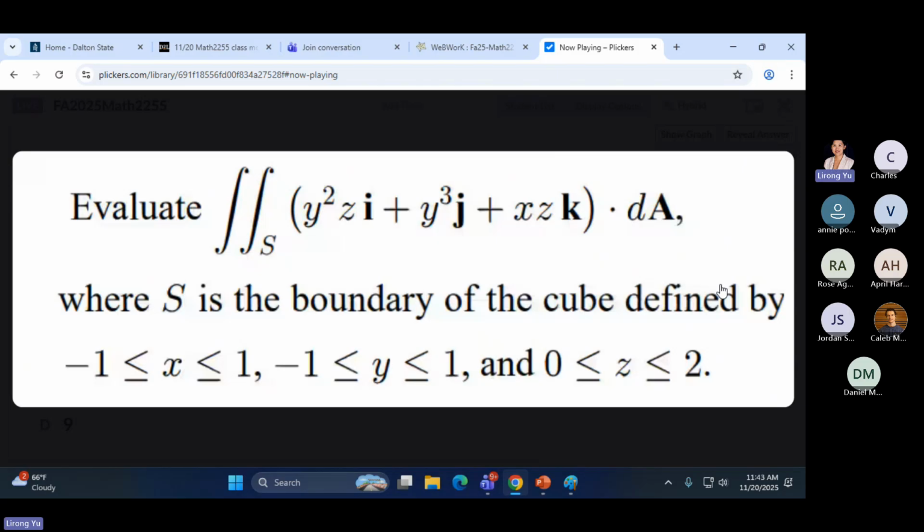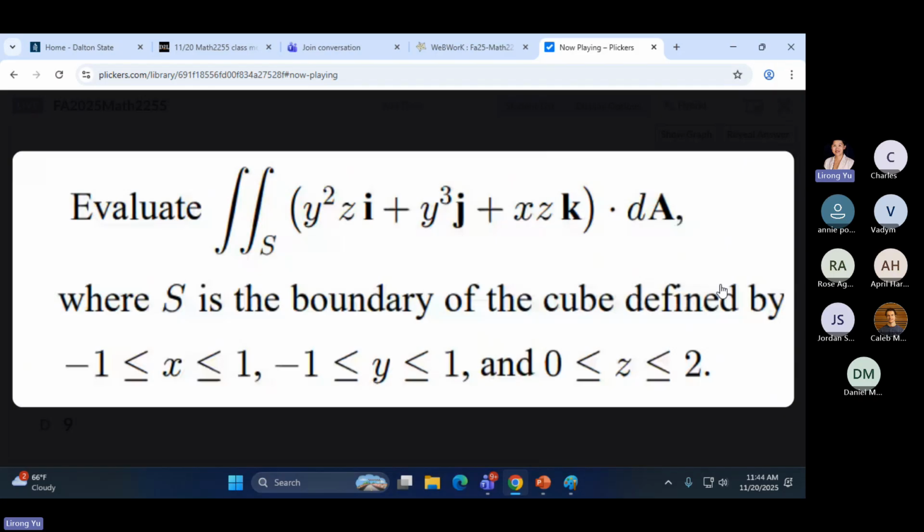So remember, surface integral was something we studied in 14.4, but in 14.5 we had the divergence theorem. Apply the divergence theorem, and a surface integral can be converted into a triple integral. So this is essentially going to be a triple integration.